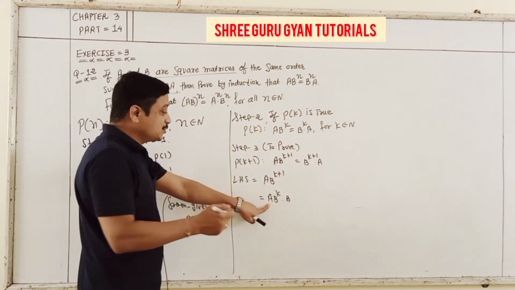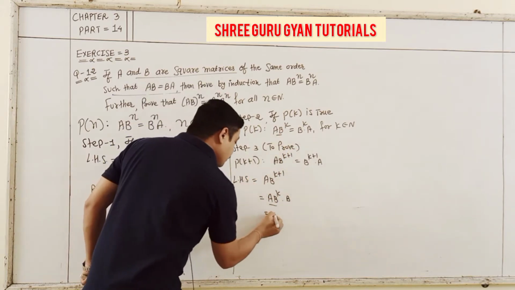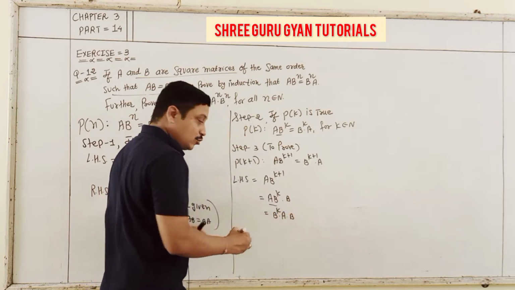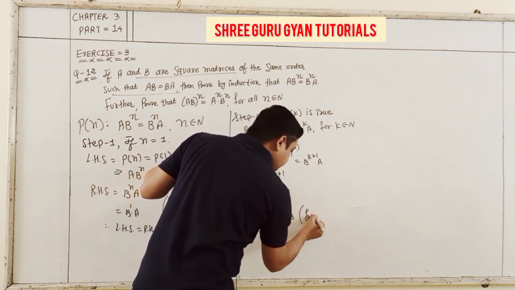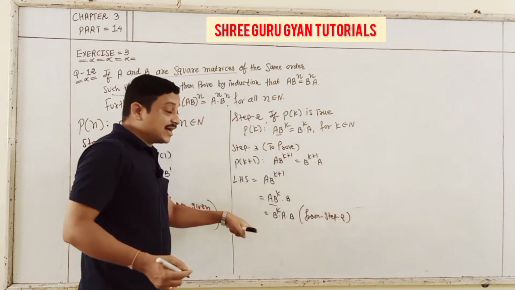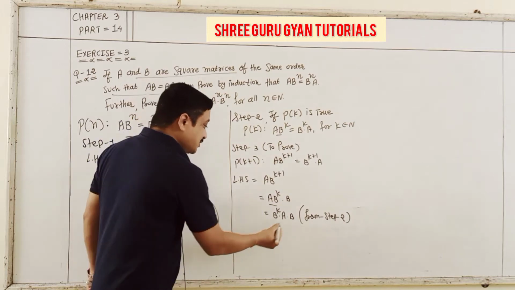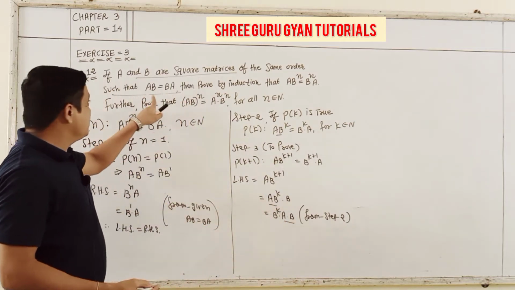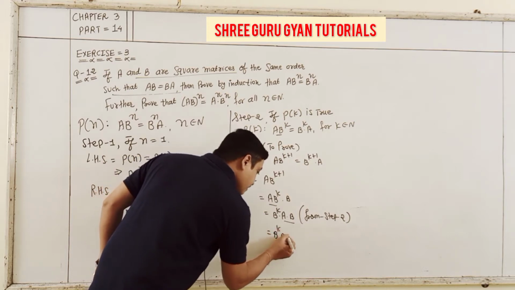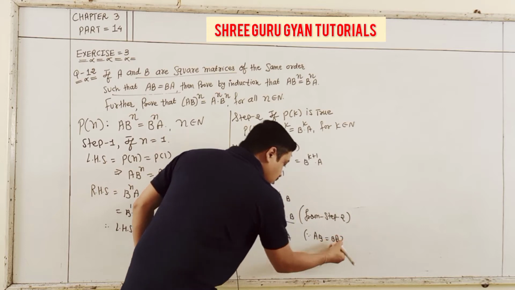And this (AB)^k I know from step 2 is B^k into A, into B, as mentioned from step 2. And these two are joined because A and B are square matrices. So this AB and BA is given, so I write here BA, because AB is equal to BA.